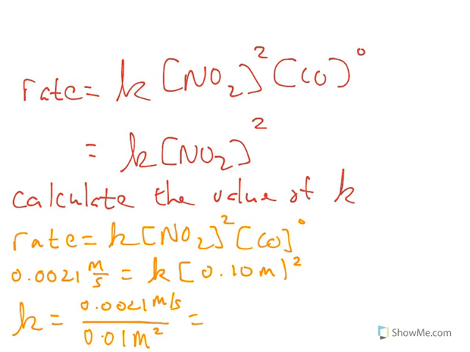Guess I could have done that in my head. 0.21. And now what about the units? All right. Well, I have inverse seconds from the top, and one of those molars cancel with the square, so I have it divided by molar, so it's inverse molar on the bottom.